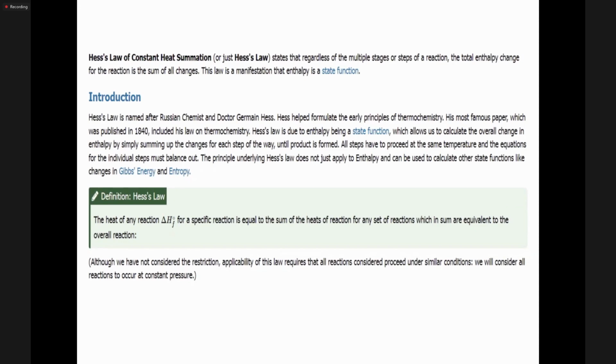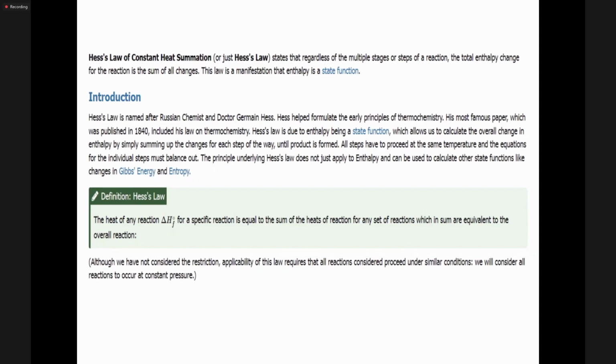This law is a manifestation that enthalpy is a state function. So the enthalpy value does not depend upon the path or the route taken. It does not matter whether there are multiple steps or a single step. The total enthalpy change for the reaction would be the same, and it will be the summation of all the changes.